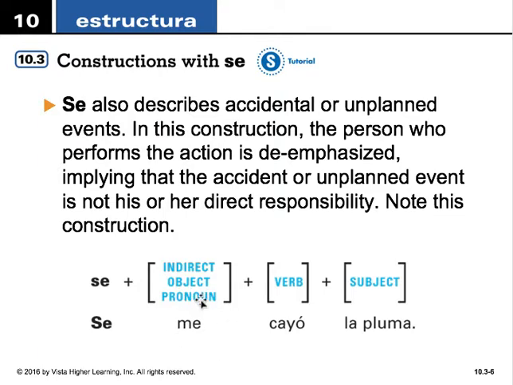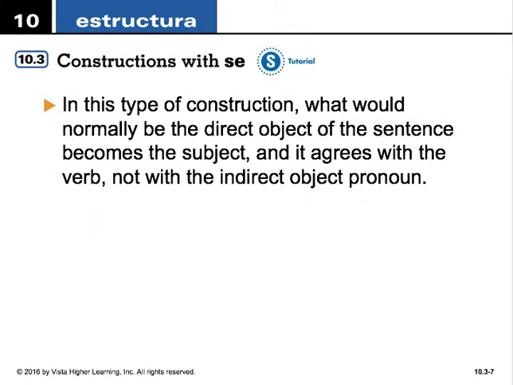But what you're doing is eschewing the responsibility and throwing all of the responsibility onto the pen, which is why the subject and the verb match. In English, we think I dropped, but it's not necessarily you dropping. It's really the pen dropped itself kind of unto me. And as I said, it's sort of to de-emphasize or denote that it's really not your responsibility, the unplanned action.